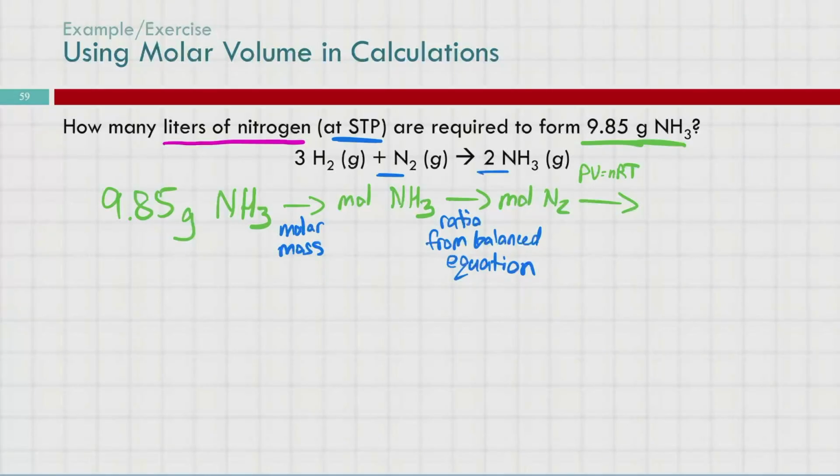Or if we have that 22.4 liters per mole stored in our brain, we are at STP, so we can use that 22.4 liters per mole as kind of like a shortcut to get to liters of N2. Questions about the solution map?